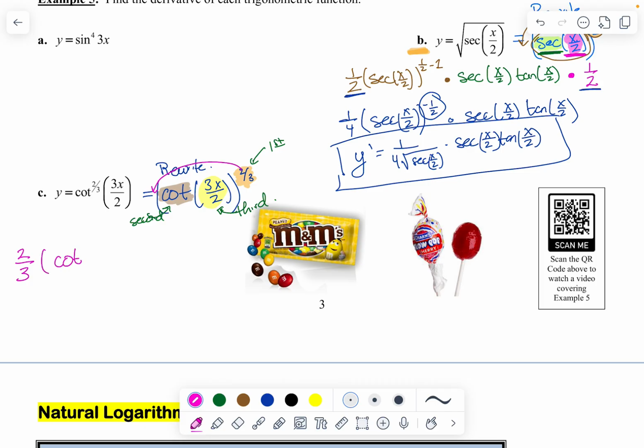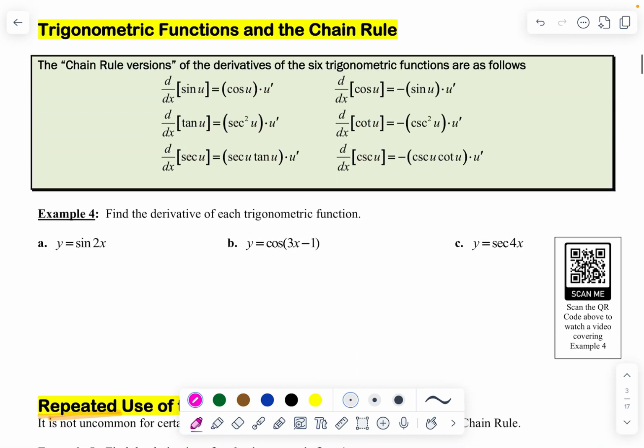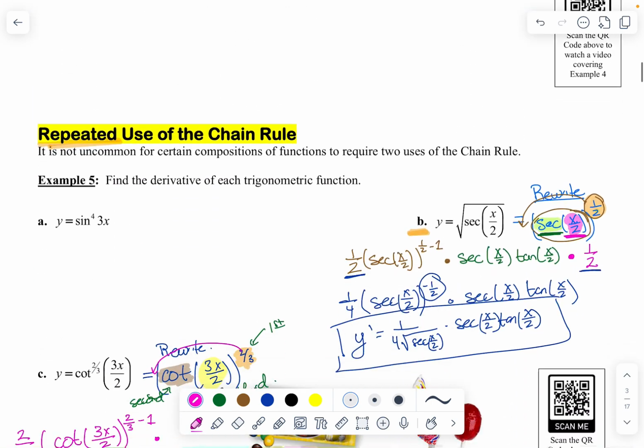Everything else is just coming along for the ride. And all of that now is going to be raised to 2/3 minus 1, times, now we're on the second guy, the derivative of cotangent, just negative cosecant squared.